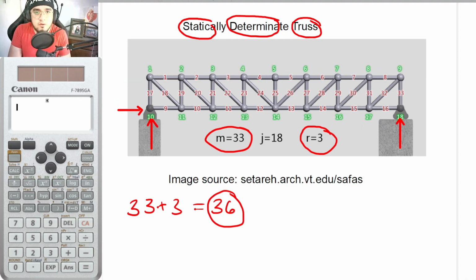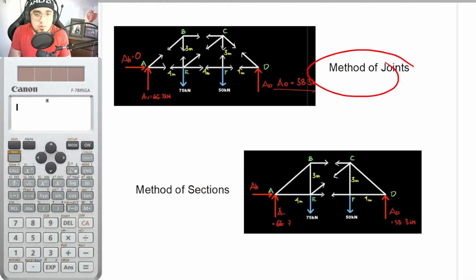Making use of the method of joints, as a review, if you are getting the bar forces at this joint, how many equations can you use? You can make use of the summation of forces horizontal and summation of forces vertical equations of static equilibrium.